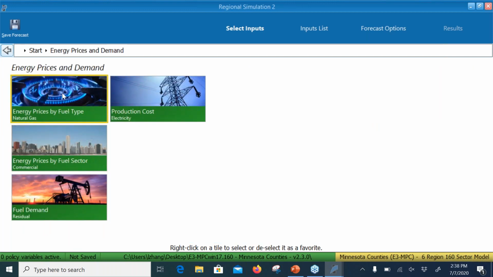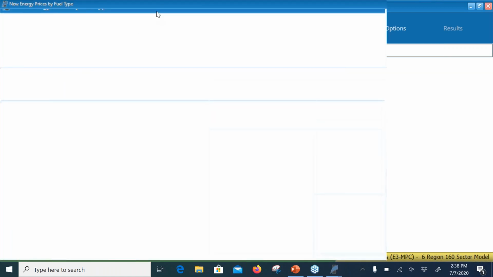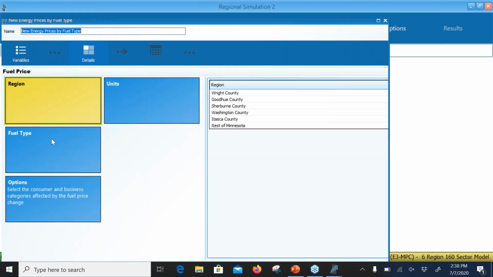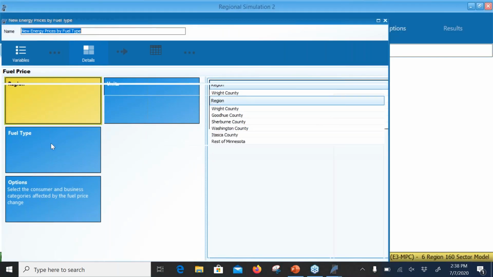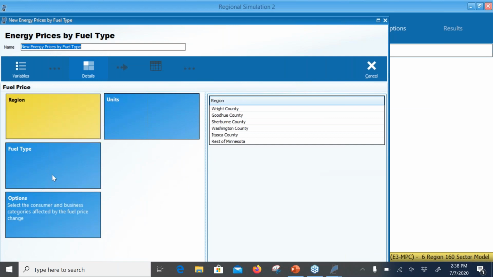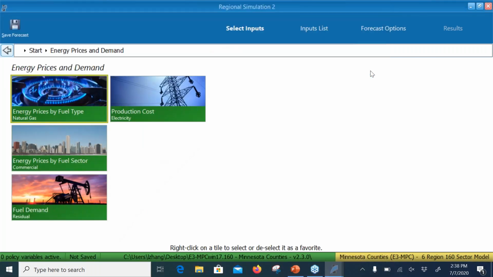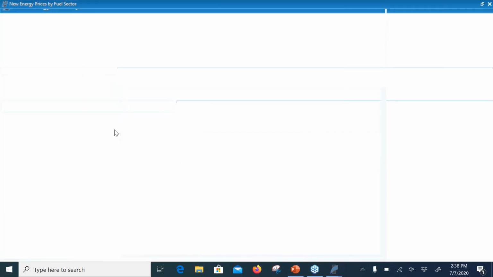In terms of energy prices and demand, we can look at it first by fuel type. So how does energy demand change for electricity versus natural gas versus other types of fuels? We can look at it by fuel sector.